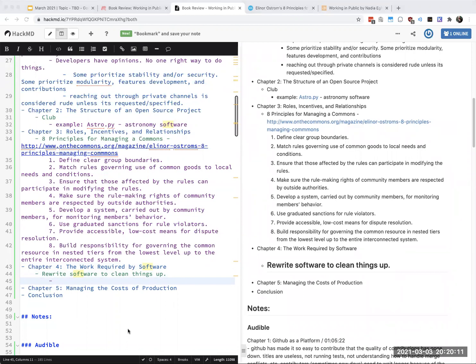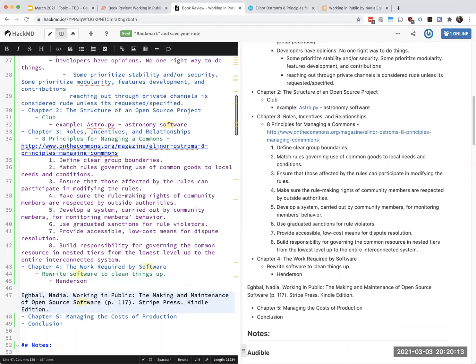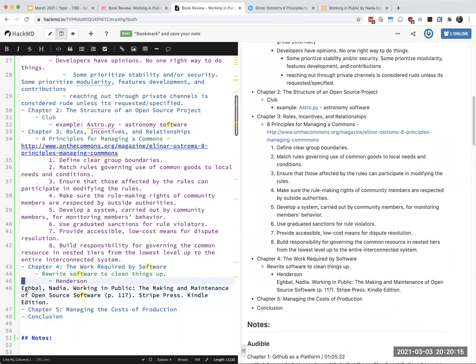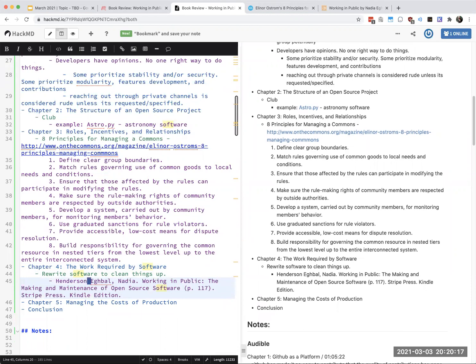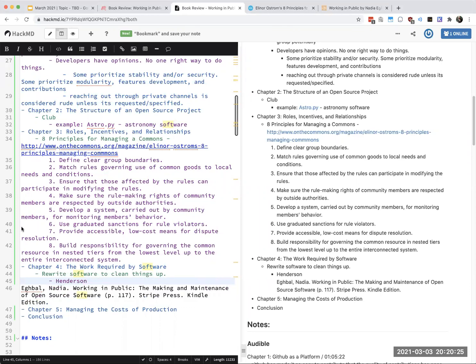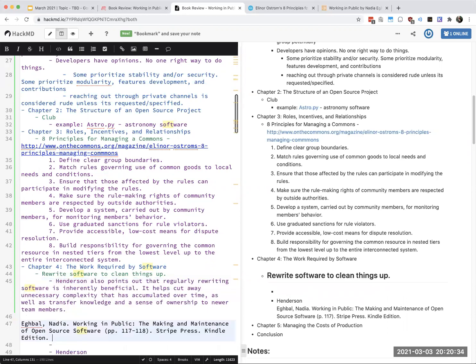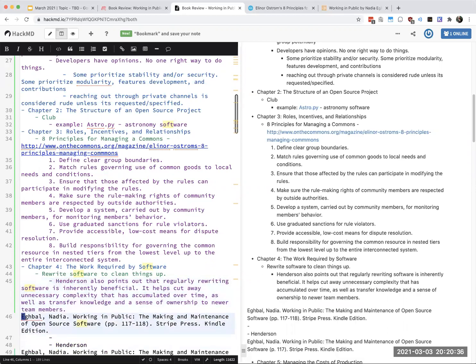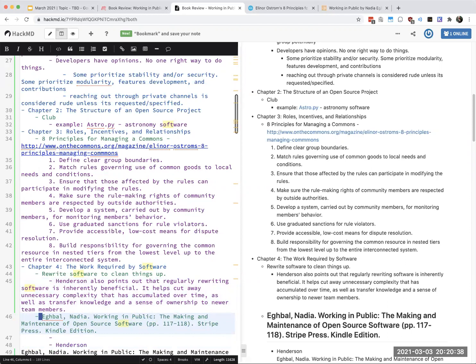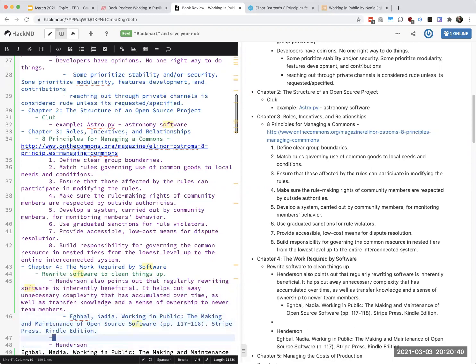I think I can do copy. Let's see if this works. Oh, it worked. Look at that. Oh, it didn't fully work. I need to highlight it fully. Let me try that again. Copy. There we go. And there's the attribution.